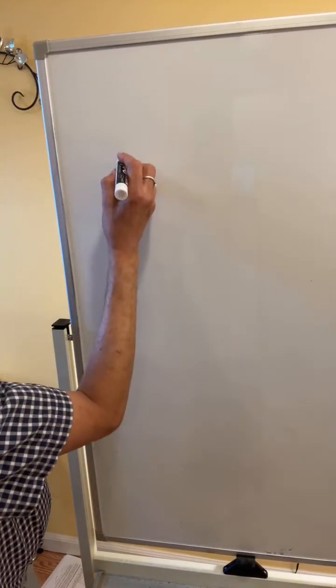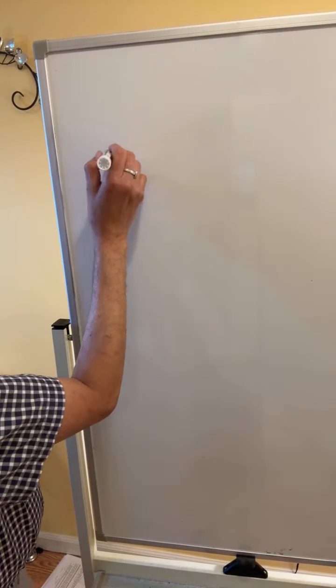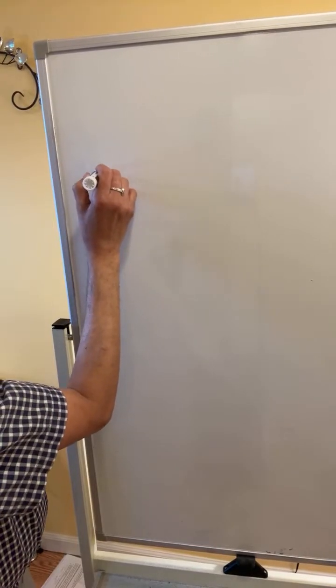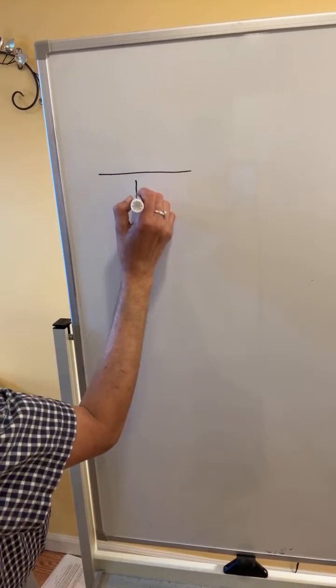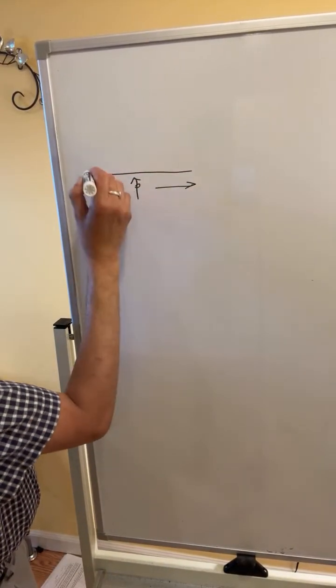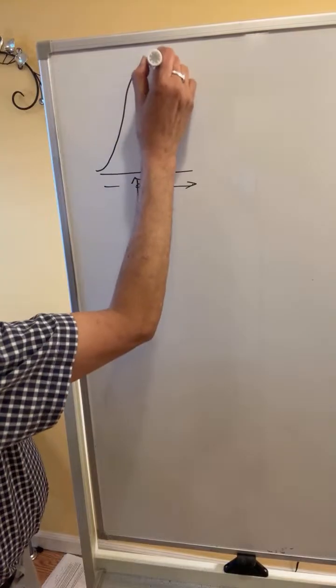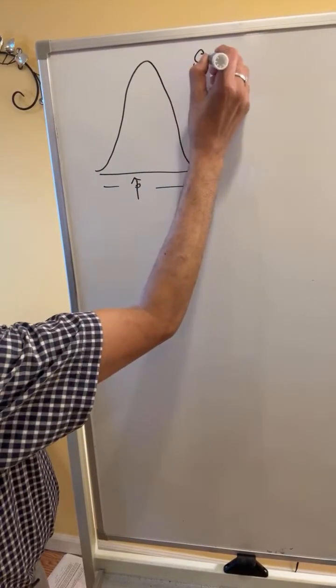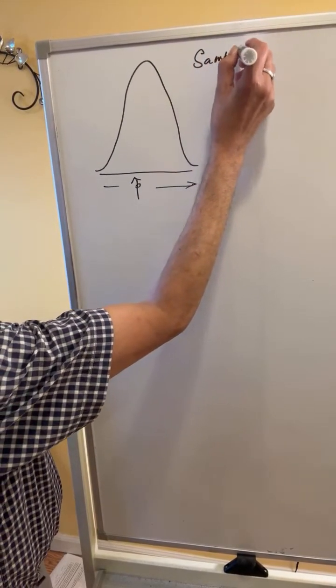Okay, so let's do the sampling distribution of p hat, where you have p hat on the horizontal axis, and this is the curve. This is the sampling distribution of p hat.